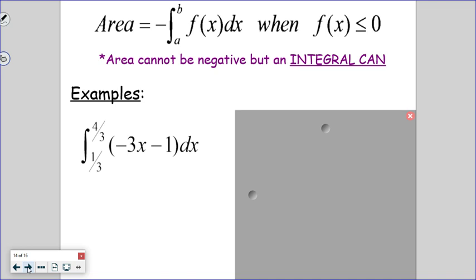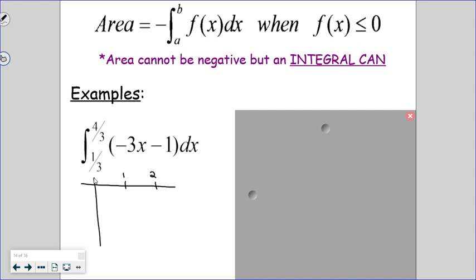So I would start by graphing this one. Now I'm supposed to be going from 1/3 to 4/3. That kind of helps me with figuring out where I want to draw the function. 1/3 up to 4/3, we don't really need to go that far. Like 1 and 2. Start at 0, go up to 2 maybe.